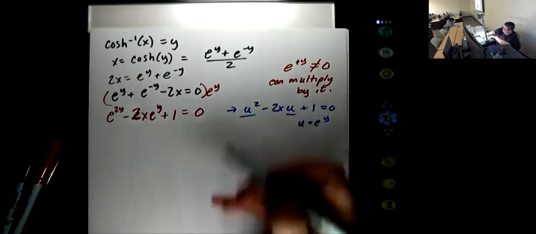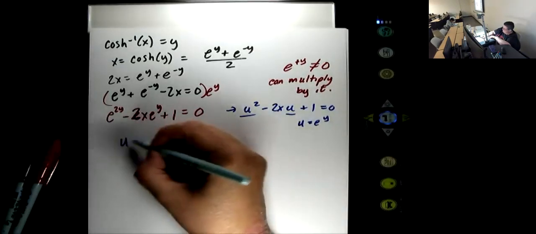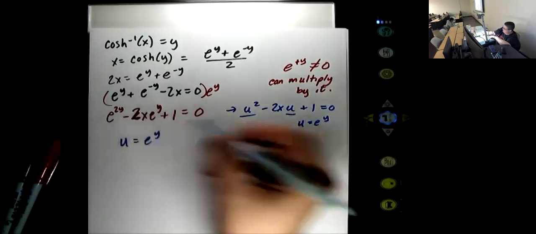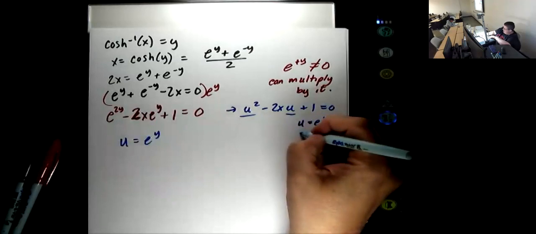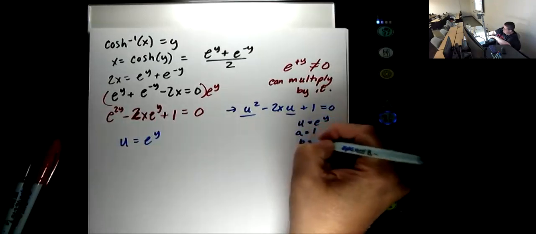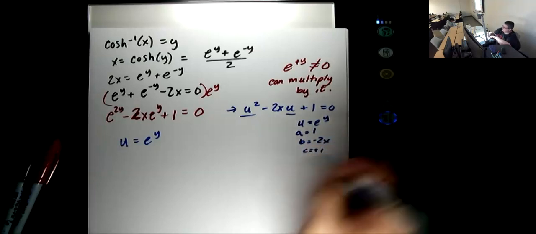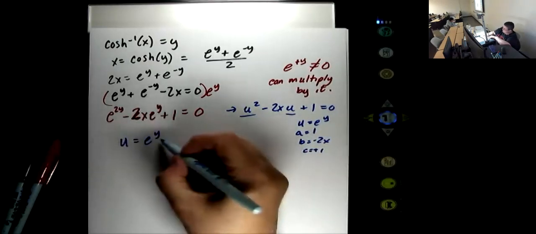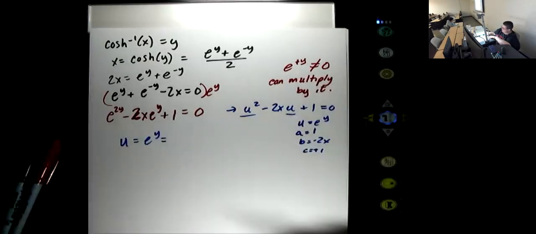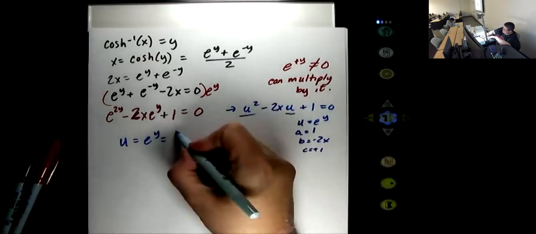So we're going to use the quadratic formula for u, which equals e to the y. We've got a is 1, b is negative 2x, and c is 1. So negative b would be plus 2x.